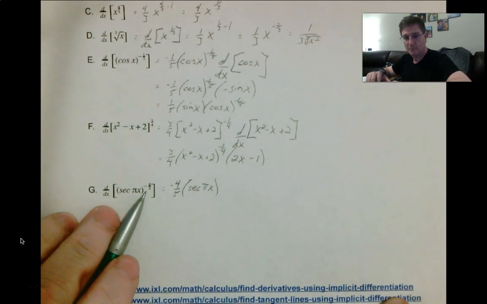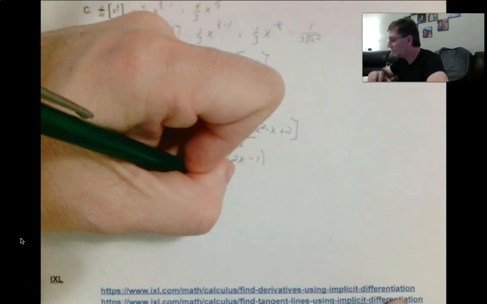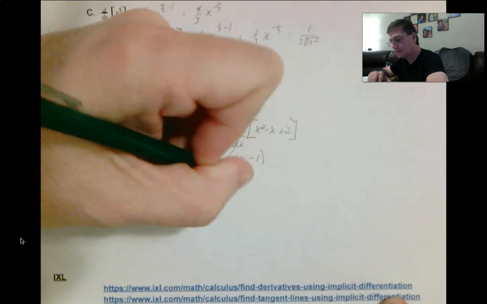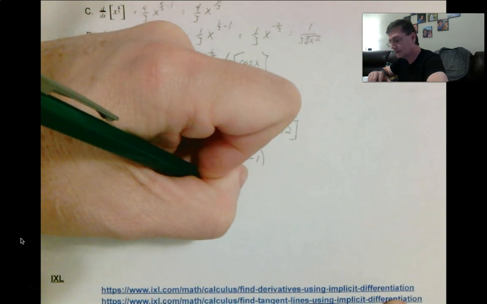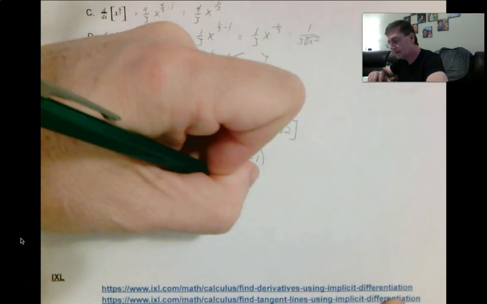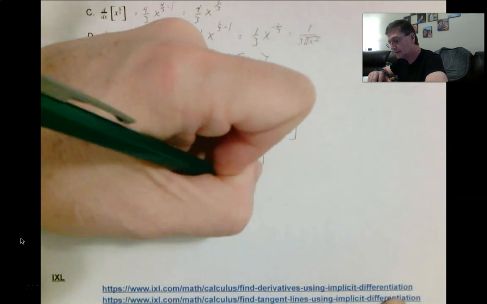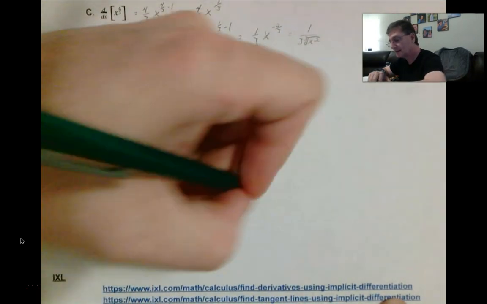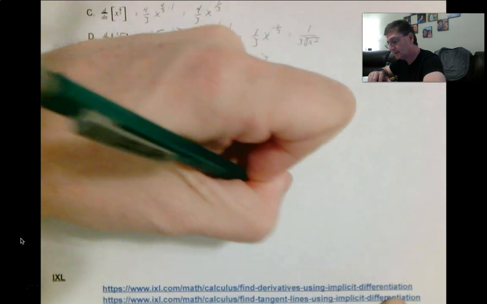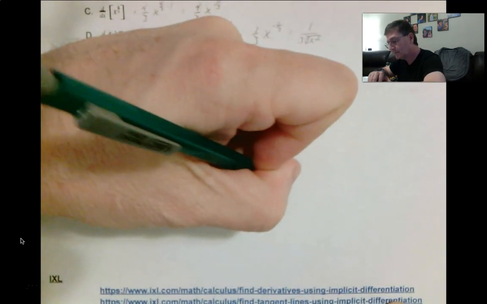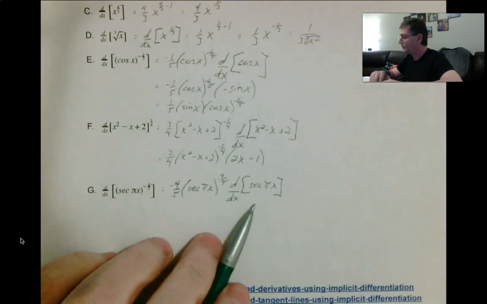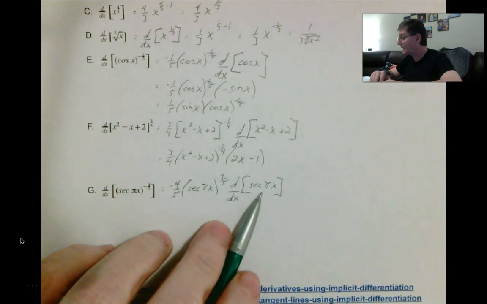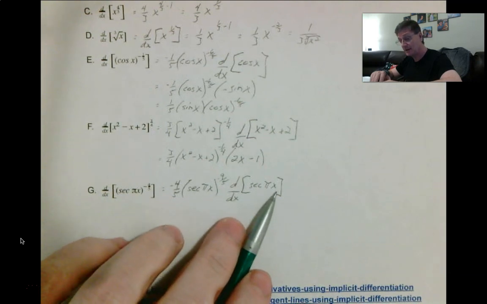Negative 4/5 minus 5/5, negative 9/5 times d dx of the inner function secant pi x. Derivative of secant is secant pi x tan pi x d dx of pi x.